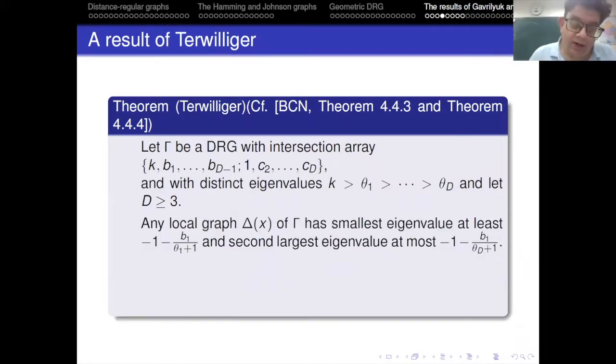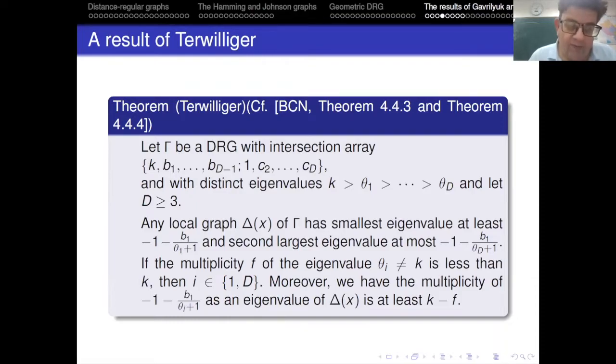Then any local graph, Delta(x) of Gamma, has smallest eigenvalue at least -1 - b_1/(theta_1 + 1), and at most -1 - b_1/(theta_d + 1). So you can see that the eigenvalue is quite bounded for a local graph. The local graph at the vertex x is denoted by Delta.